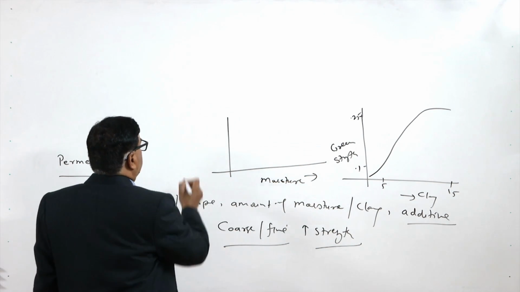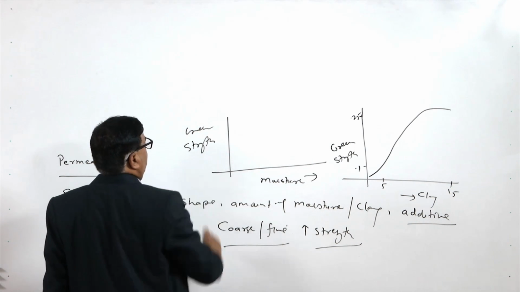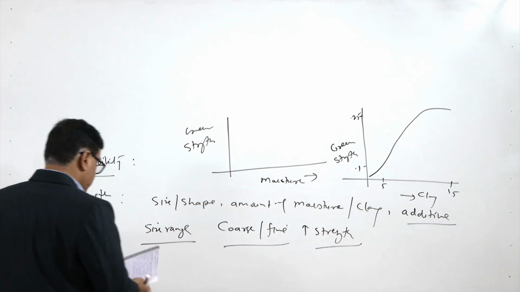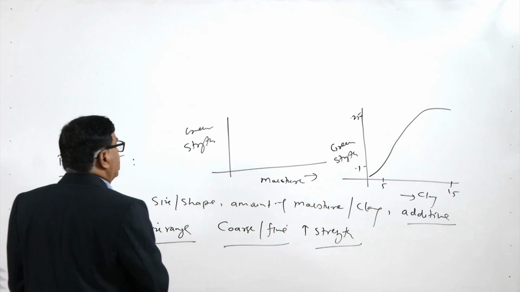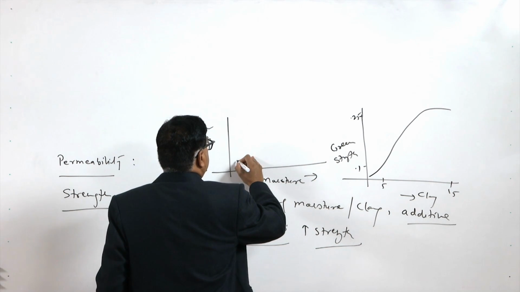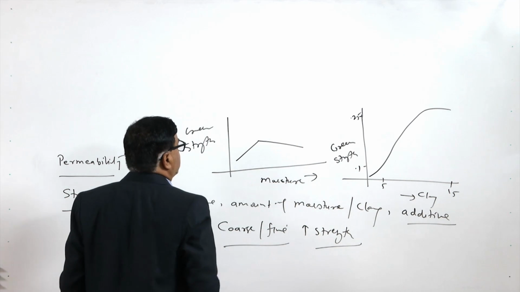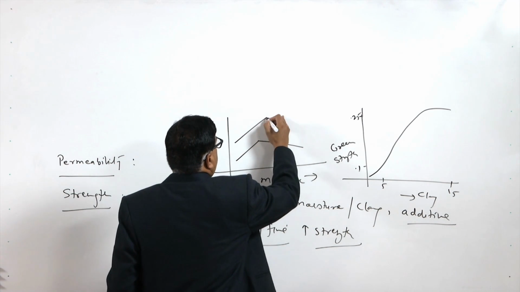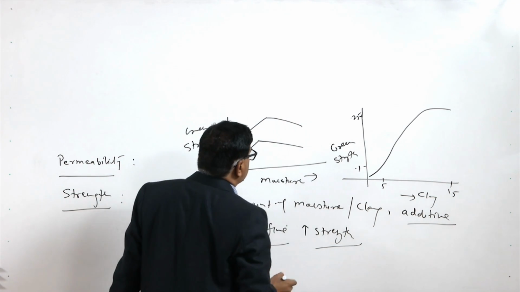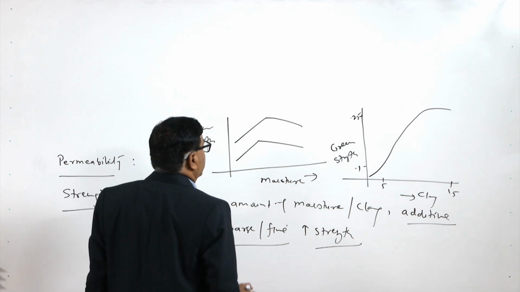And here we have moisture and the green strength of the mold. The same trend is also observed in this case, where the strength first increases up to a limit with the increase of moisture, and thereafter it starts decreasing. So, depending upon the size of the sand grains, the different amount of the moisture it can accommodate for the maximum strength.